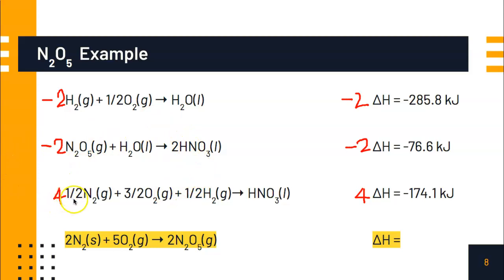I will have 2 diatomic nitrogens. I will have 6 diatomic oxygens. I will have 2 hydrogens, and I will have 4 nitric oxides. So when all of that goes to plan, it should look a little bit something like this.